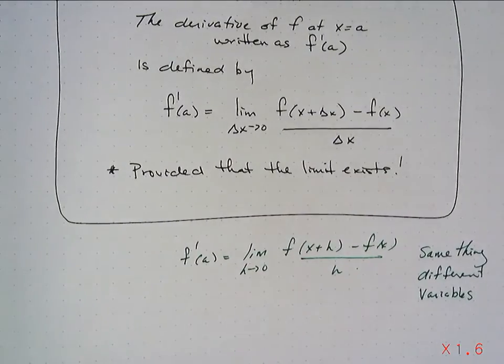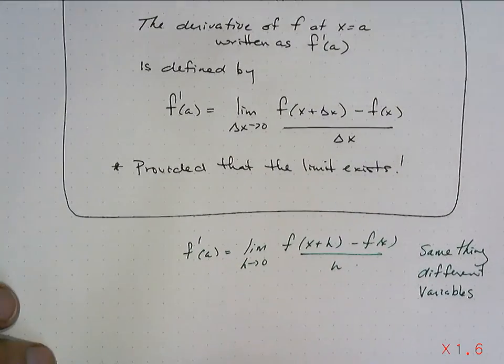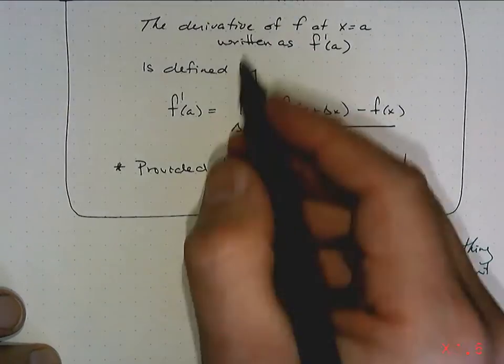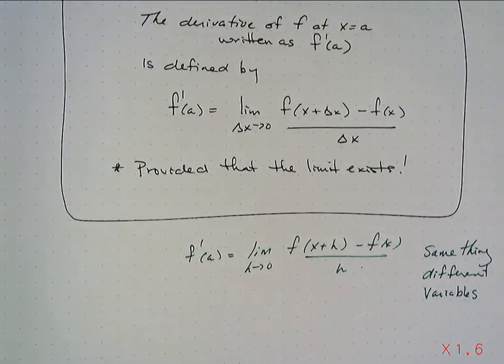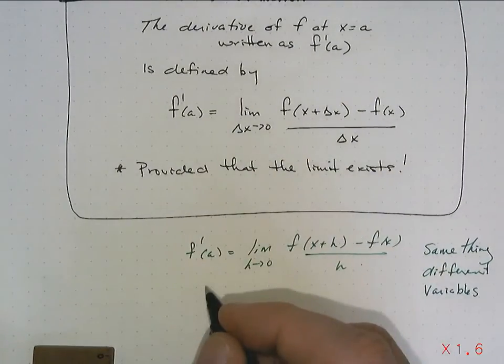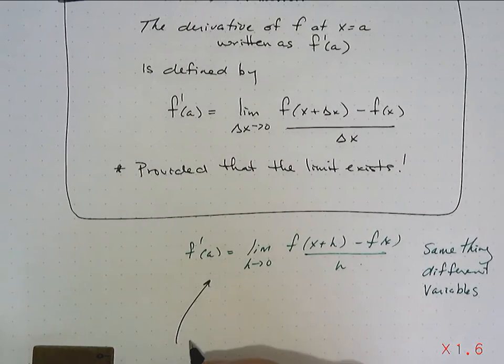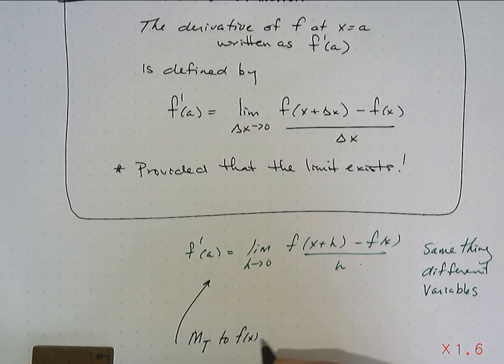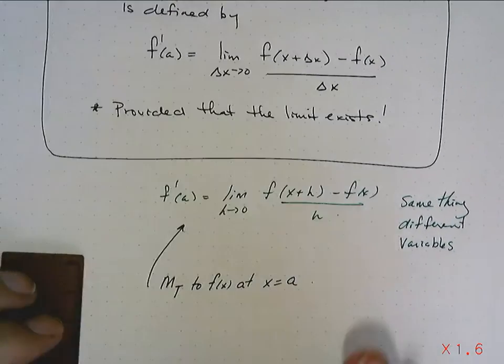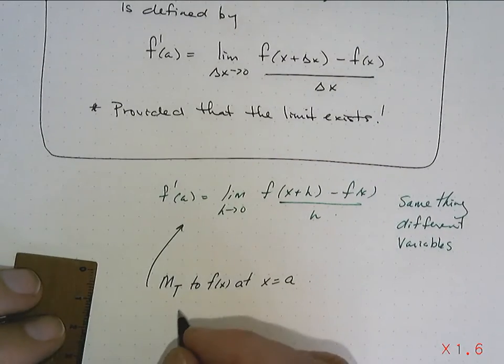Okay, so let's do some examples. Well, just before we do some examples, let me tell you what this is. This means the slope of the tangent to the function f at x equals a. And you would read it as f prime of a.